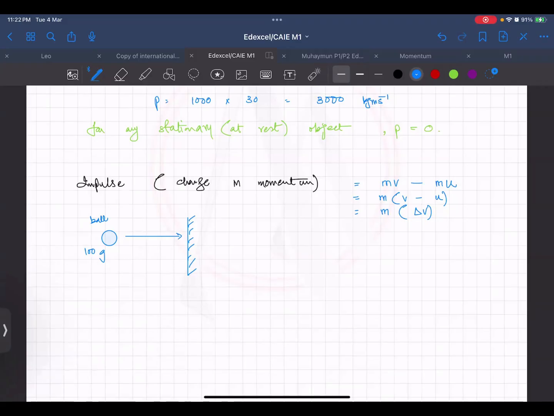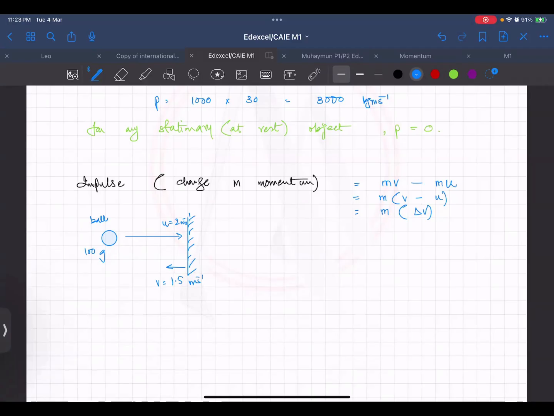At the moment it hits the wall, it is, let's suppose, positive 2 meter per second. And when it is rebounding, the final velocity with which it is coming back after the energy losses is, let's suppose, 1.5 meter per second.